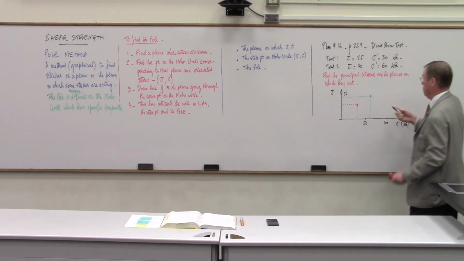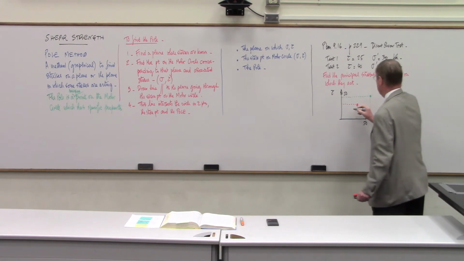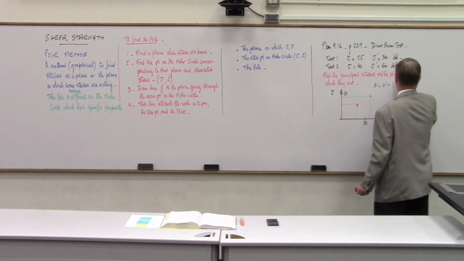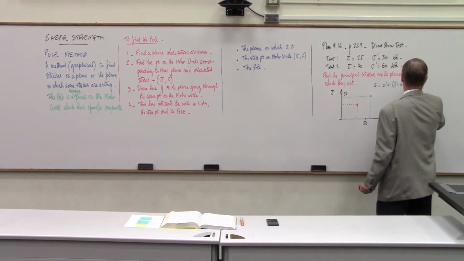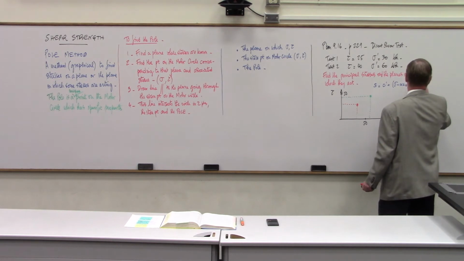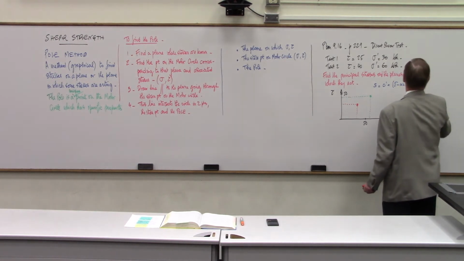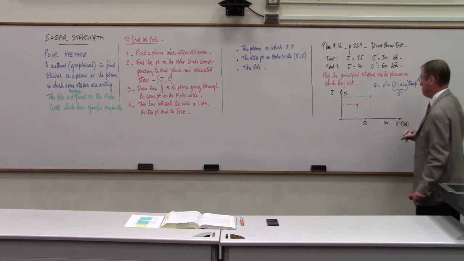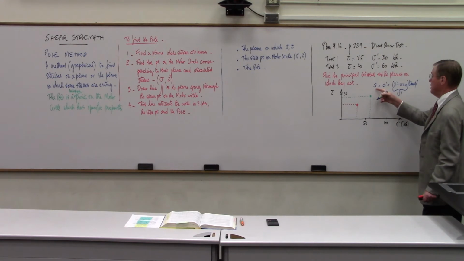And therefore, that failure envelope being a straight line, remember the failure envelope says S equals C prime plus sigma minus alpha UW times tangent phi prime. And this right here is sigma prime. That's a straight line.